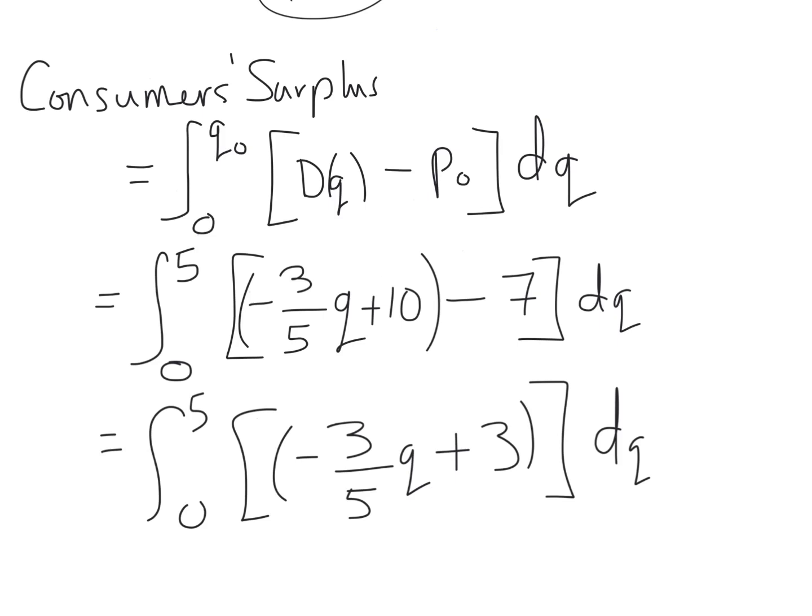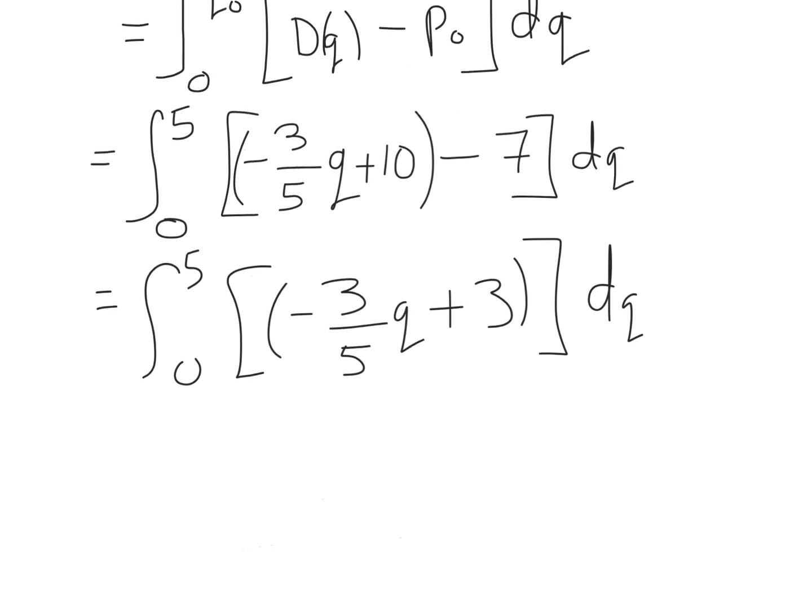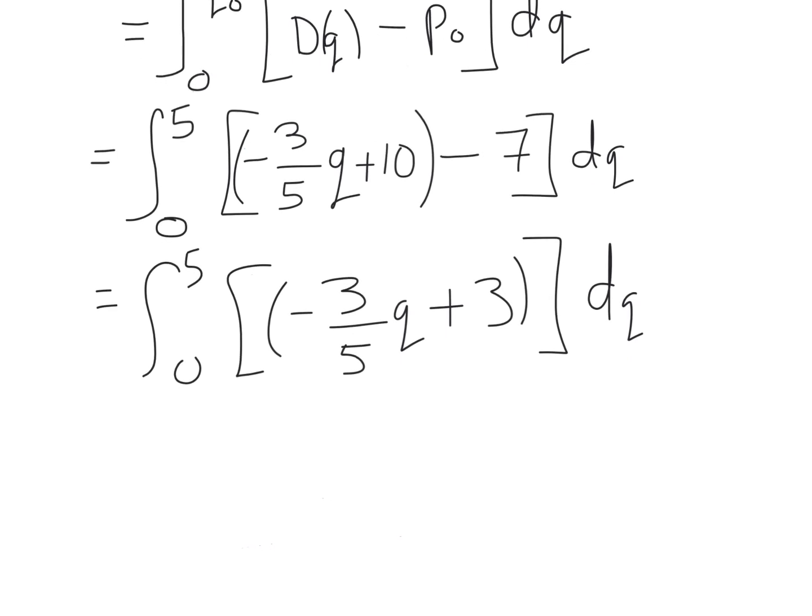Okay, so now we're able to do the integration process. And again, we've got two terms. We have 3/5 Q plus 3, okay? So now when we have the integral, I guess that's not actually accurate. We draw the straight line just to say, okay, well now we've got the integral.